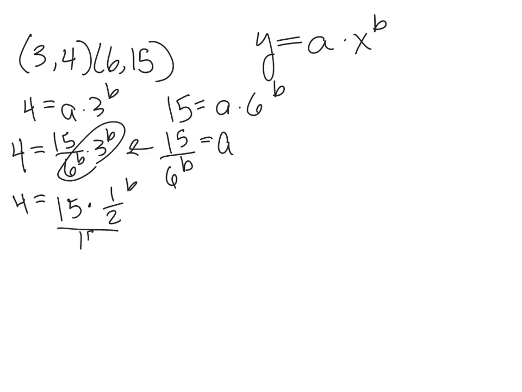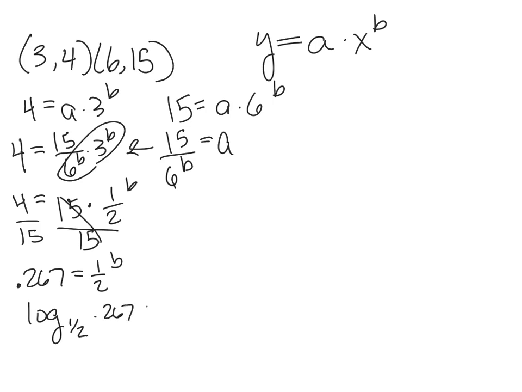Doing awesome here. I have 4 divided by 15. Yikes. 0.267 equals 1/2 to the b. So change that into logarithmic form. Log base 1/2 of 0.267 equals b.